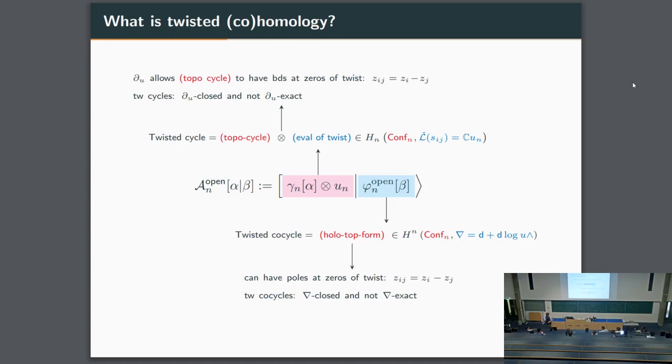So it just needs to be covariantly closed and not covariantly exact. This is the same thing for the homology. I get some modified boundary operator, but it's a little bit more complicated, so I haven't written it out here. But in essence, the twisted cycle is a topological cycle tensor a branch choice for how to evaluate the twist along that cycle in the integrand.